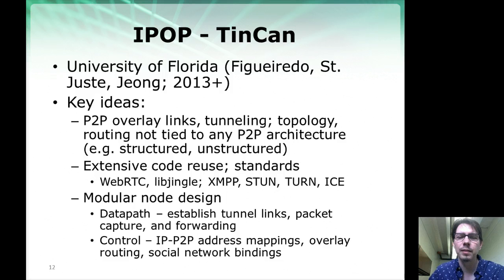And a lot of this comes from the libjingle open source library that's maintained by Google and is used in applications like Google Hangouts. But instead of focusing on voice and video, IPOP allows us to tunnel general purpose IP protocol messages over the P2P links that we create.